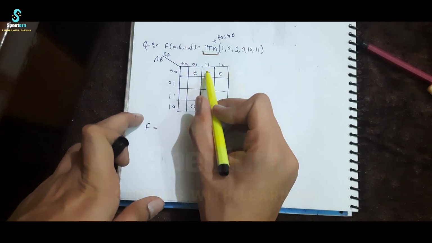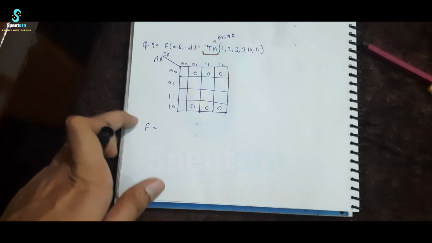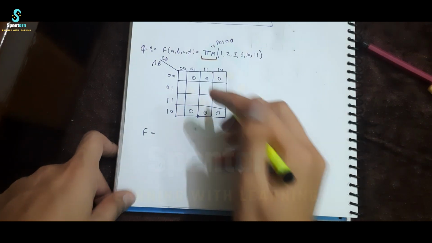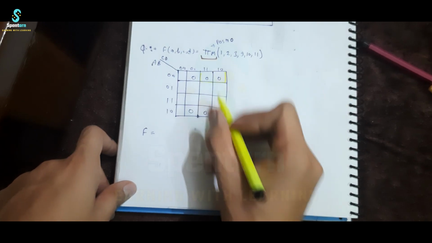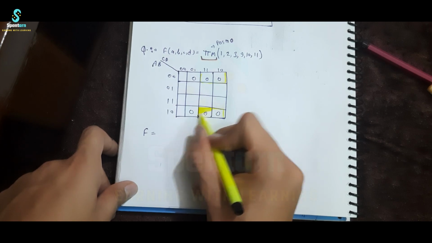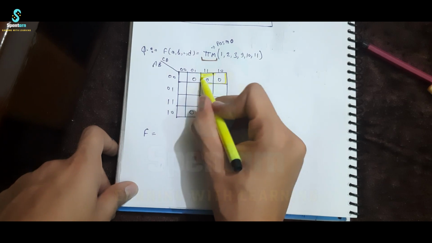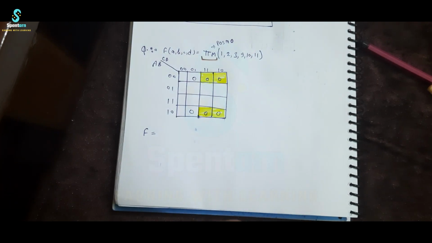If it is possible to group 16, it is not possible. 8, not possible. 4, yes, it is possible. So we will be grouping these cells, this one and this one. So we have just grouped these cells. Let me color this one. Okay, it has got into the group.